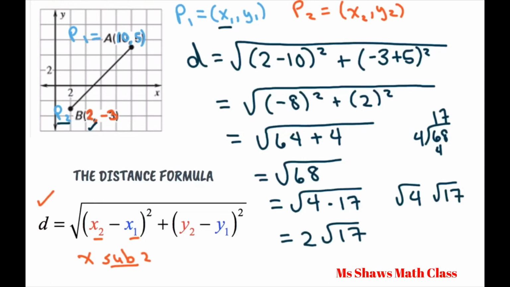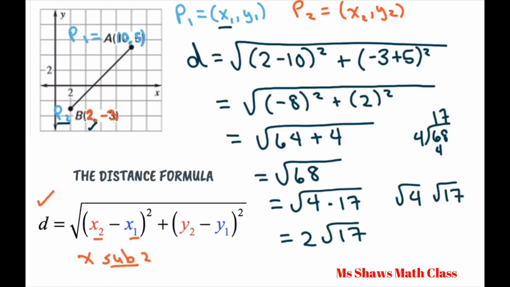The next one is we're going to go to the library to City Park. Call this point 1, and call this one point 2. All right, and we'll use the distance formula. So our d equals negative 2 minus 6 squared plus negative 6 minus a negative 2 squared.